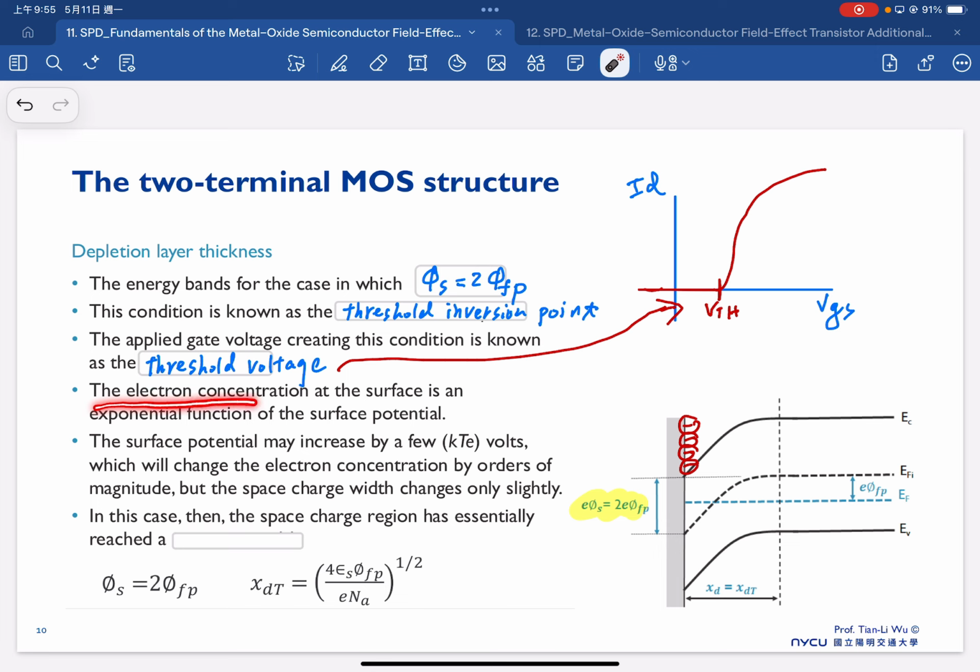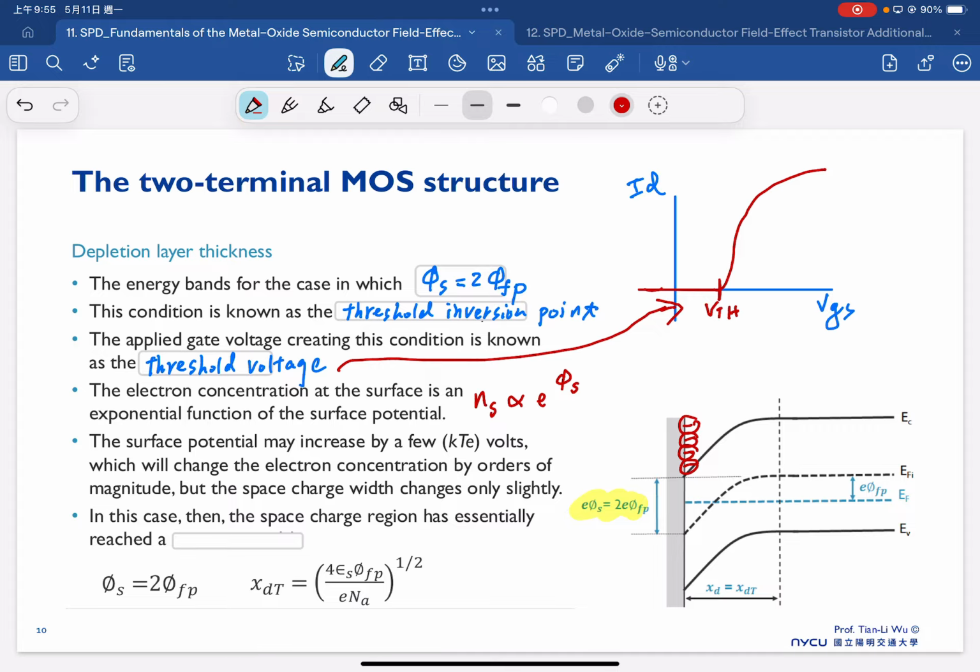The electron concentration at the surface is an exponential function of the surface potential. Therefore, NS, the electron concentration at the surface, is normally proportional to the exponential of phi s. So a little increase of phi s can cause a huge increase in our surface electron concentration.